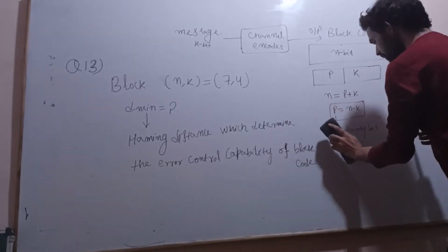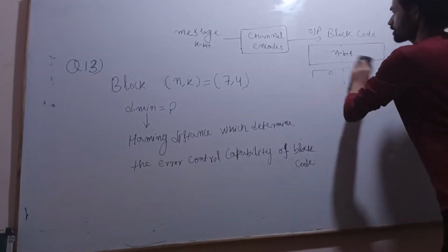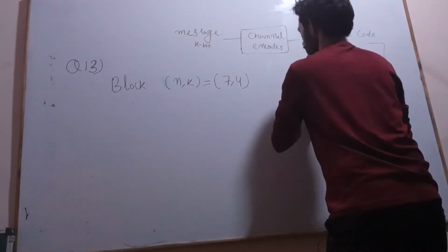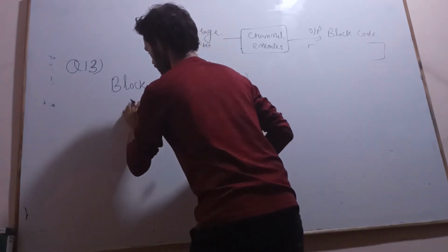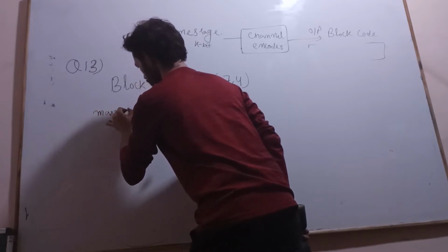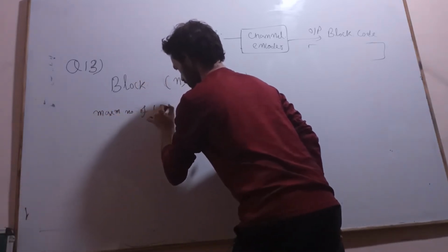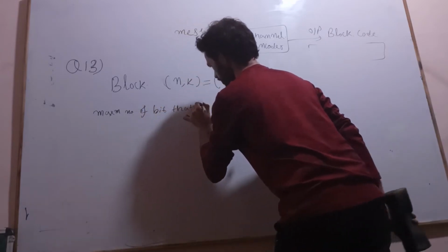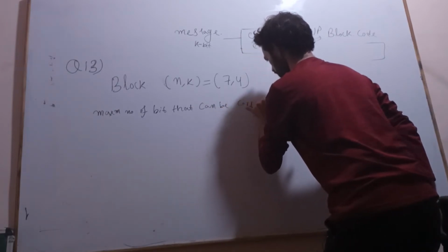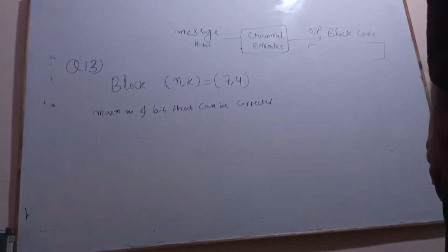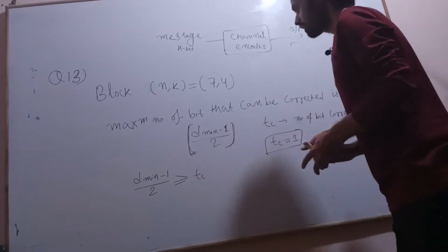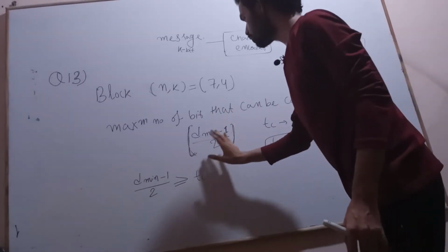Now how to determine this D minimum? First of all, see the maximum number of bits that can be corrected. Okay, student, the maximum number of bits that can be corrected is up to (D minimum minus 1) by 2.